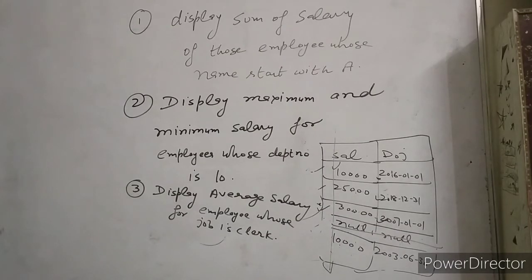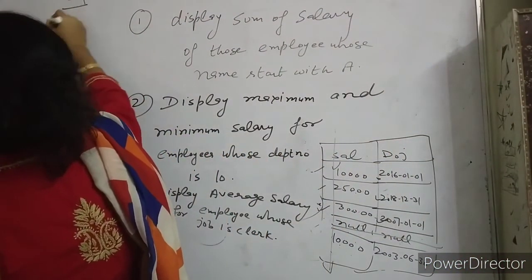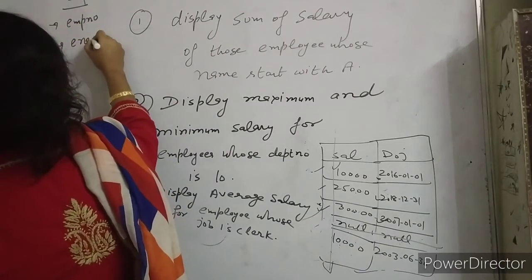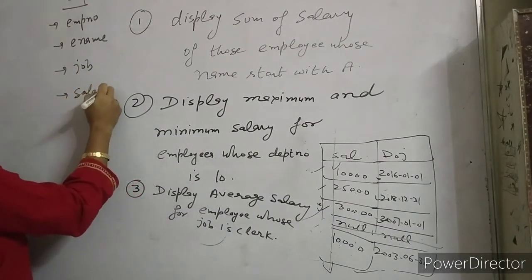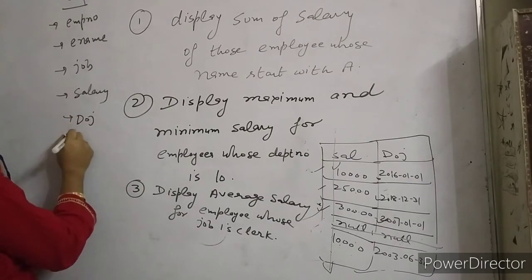I will write 2 more. In the EMP table, you all know how many columns are there? Should I write, or do you have books? If you have books, you can note down the columns. Otherwise, I am writing the EMP columns here. In the EMP table, we have employee number EMPNO, employee name ENAME, job, salary, date of joining DOJ, and department number DPTNO.